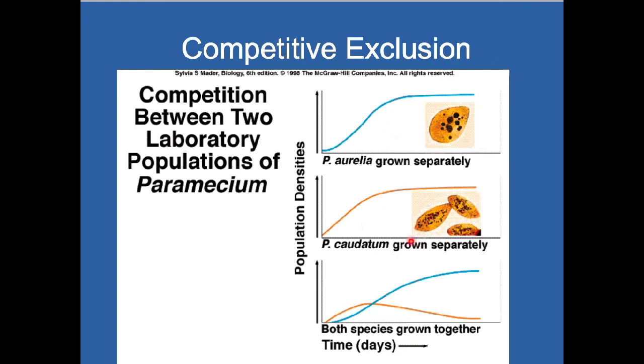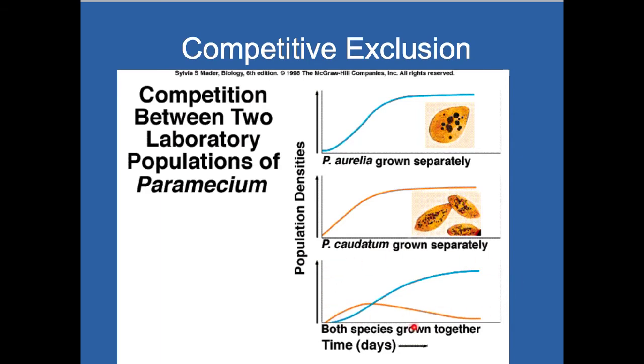We have two species of paramecium, Aurelia and Caudatum. We'll say the blue ones and the orange ones. Now, if these are grown separately in the same environment, they equally do well. Their populations thrive.